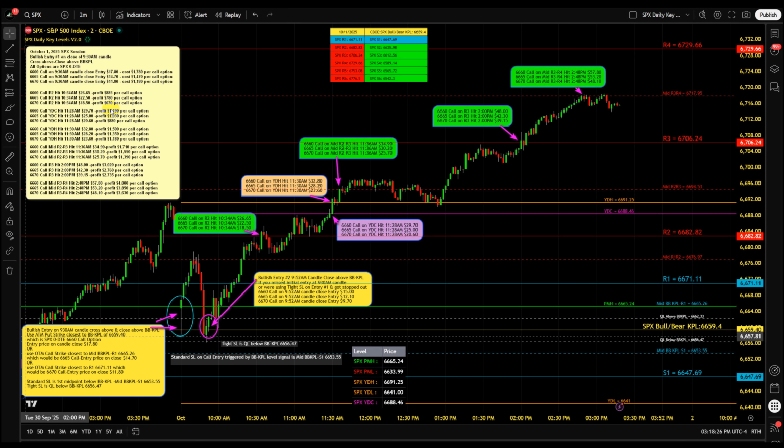And on the other options as well, you have some very nice profits compared to the price, with even the furthest out of the money, the 6670, that you paid $11.80 for, it's now $18.50, and you have $670 profit per call option.